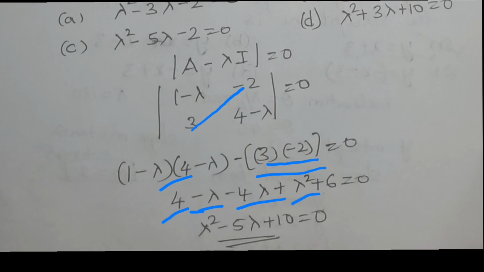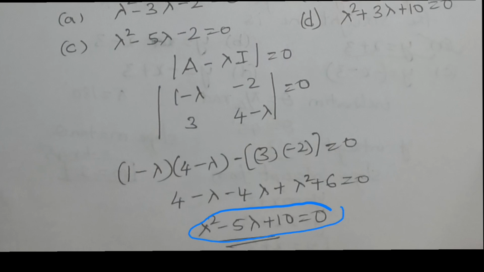So 3 2s are 6. Minus into minus is plus, as it is you write down. If you modify the equation, you will get this equation: lambda square minus 5 lambda 10 will be the answer for this question. We'll move on to the next question.